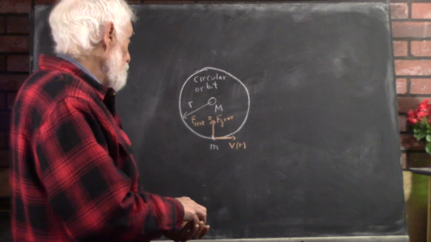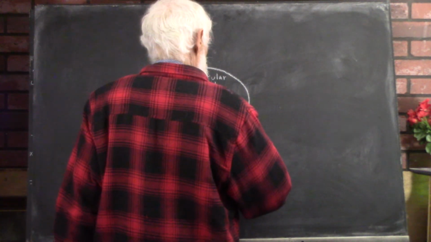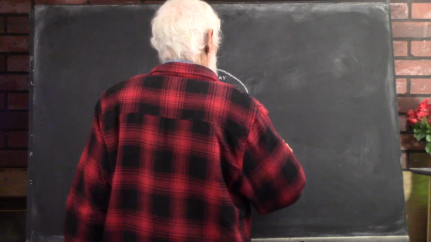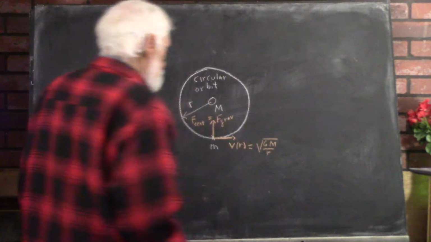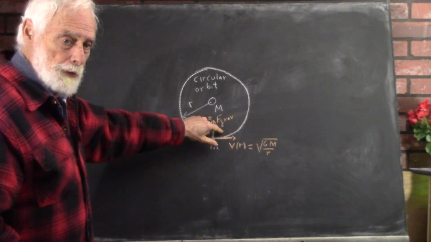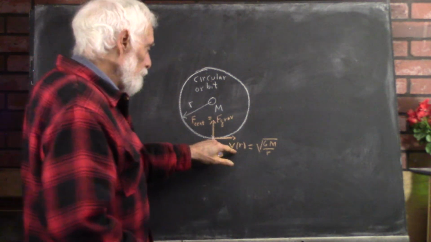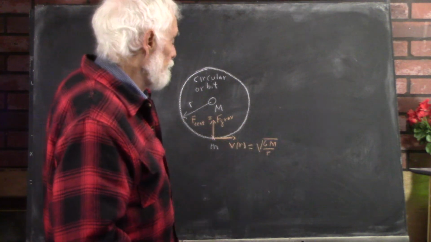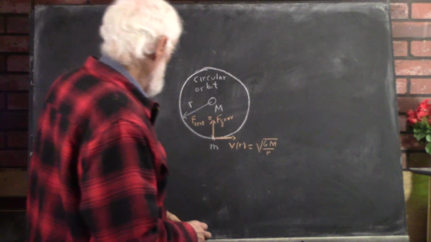The result is very easy to obtain by writing out the details of this equation and solving for v. This gives us the velocity at position r: v of r is the square root of GM over r, big G, big M.